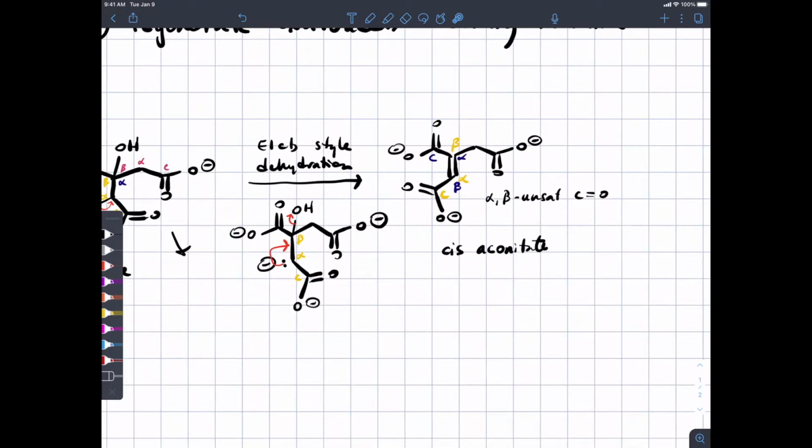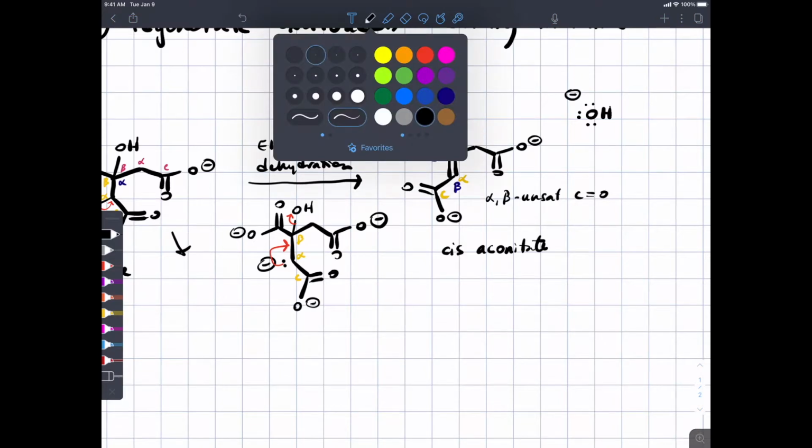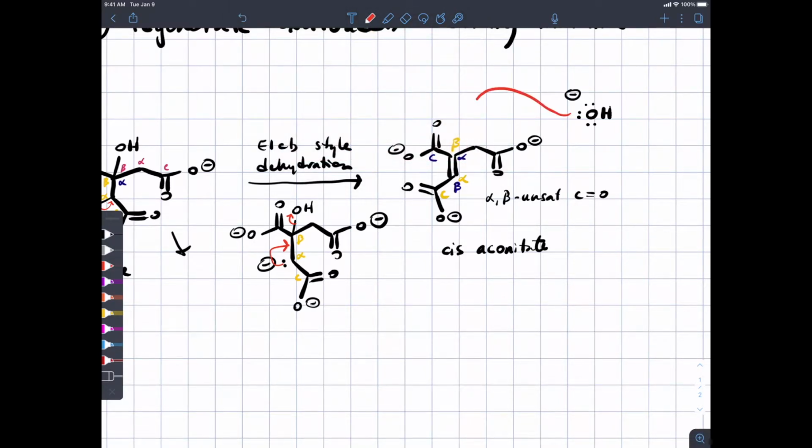All right, well, let's suppose OH minus is our nucleophile. If OH minus were to attack the yellow beta carbon, that would just take us back to this previous step. Right?